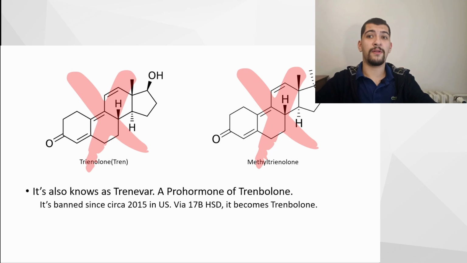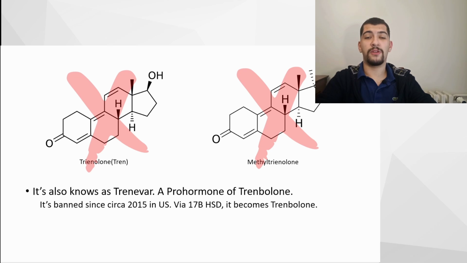And actually, it is neither of them. It's neither trenbolone nor methyltrienolone. It is actually known as Trenavar or trendione, a trenbolone that has 2 ketone groups, and it works as a prohormone, and that thing has been banned since circa 2015 in the United States.